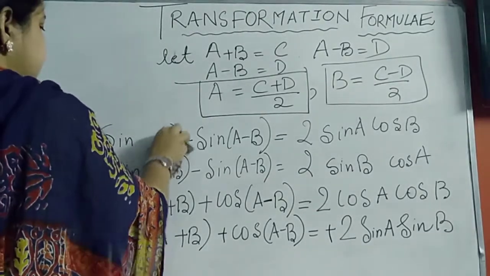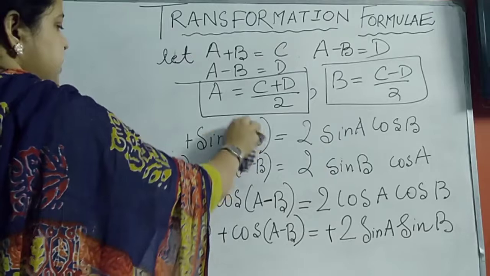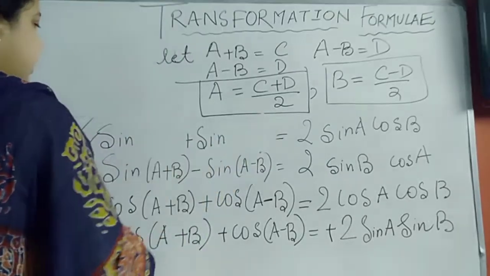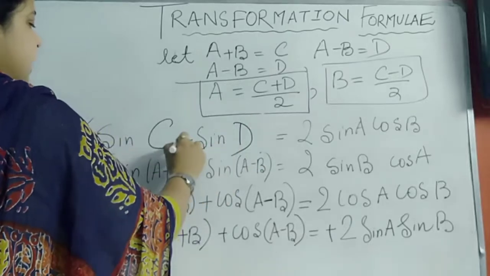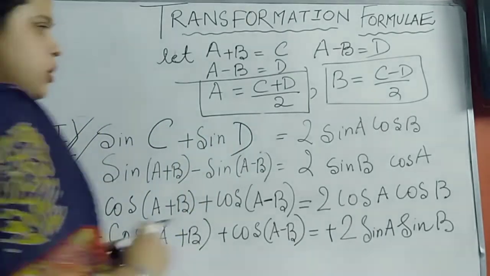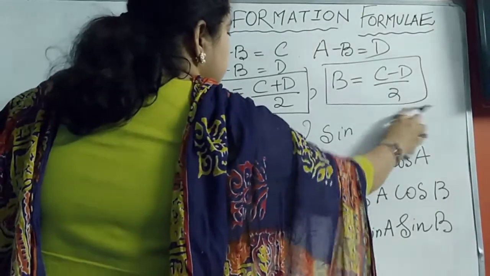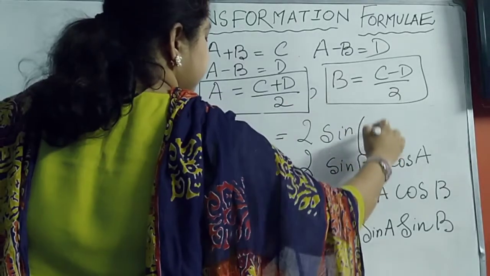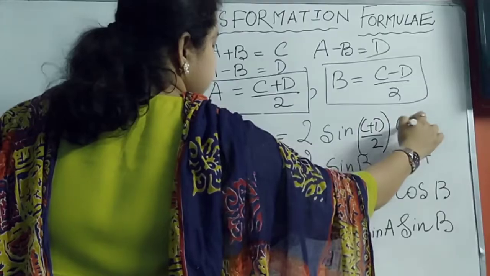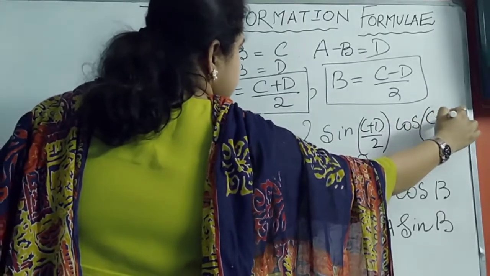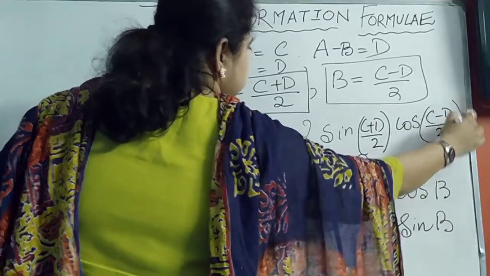A plus B and A minus B are erased, and I put here sin C plus sin D, and the new formula is prepared: 2 sin C plus D by 2 cos C minus D by 2.